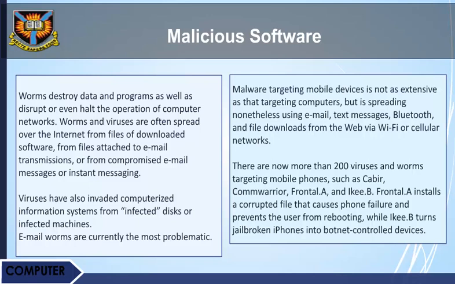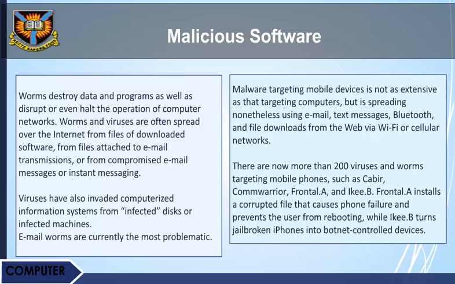Malware targeting mobile devices is not as extensive as that targeting computers, but is spreading nonetheless using email, text messages, Bluetooth, and file downloads from the web via Wi-Fi or cellular networks.